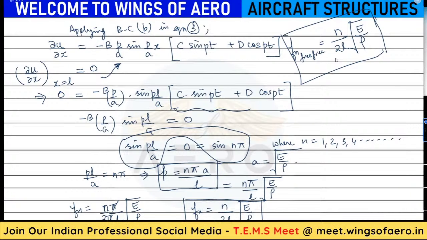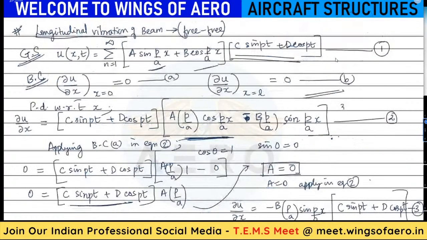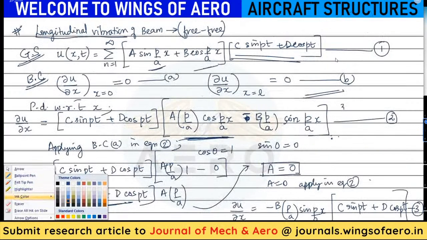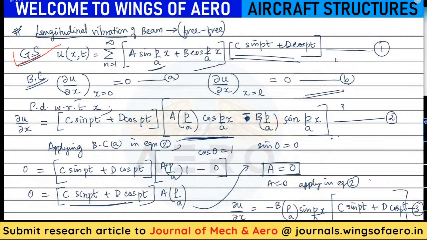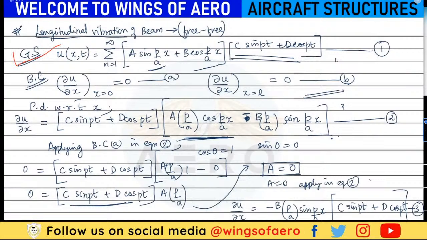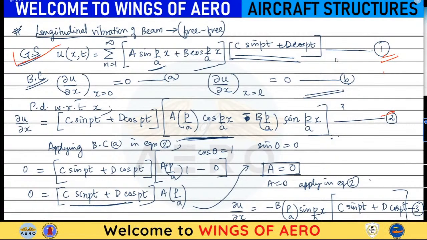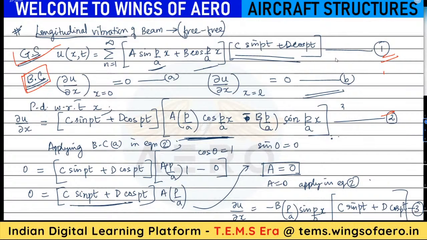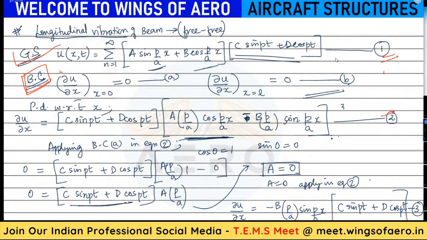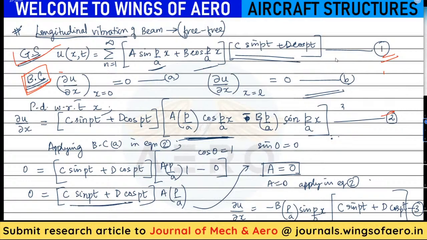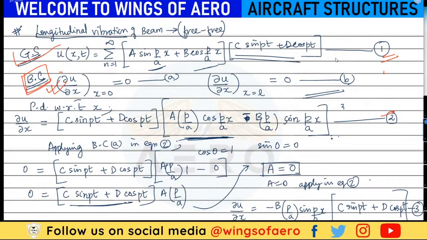So what you have done, first you need to remember the general solution. This is the general solution, that is equation 1. Then you need to remember the boundary condition for that particular case, when both the ends are free. You have applied the boundary condition over here.